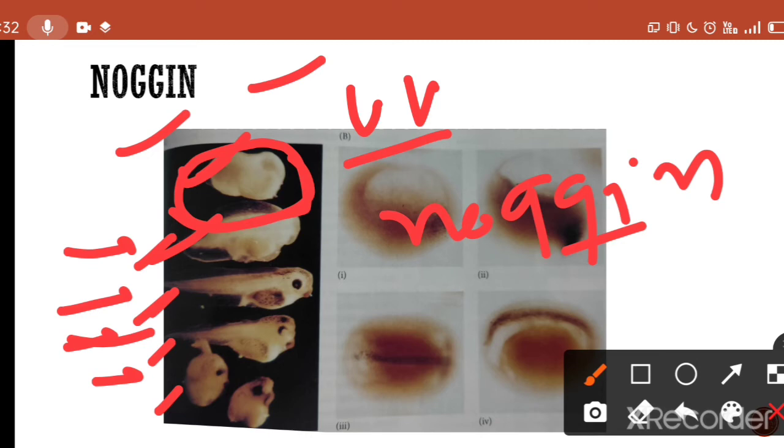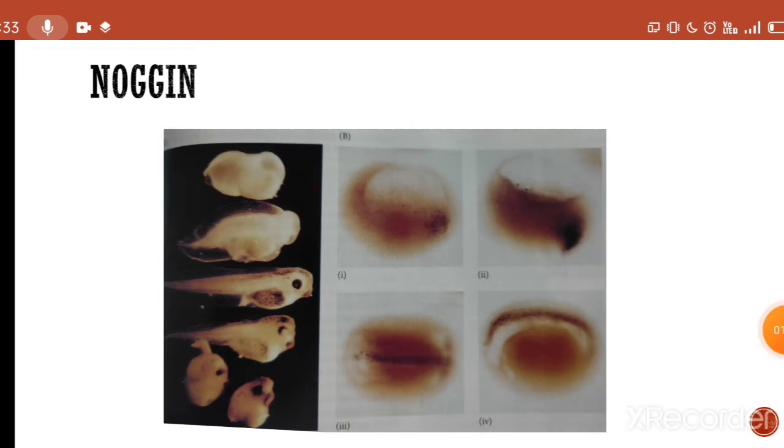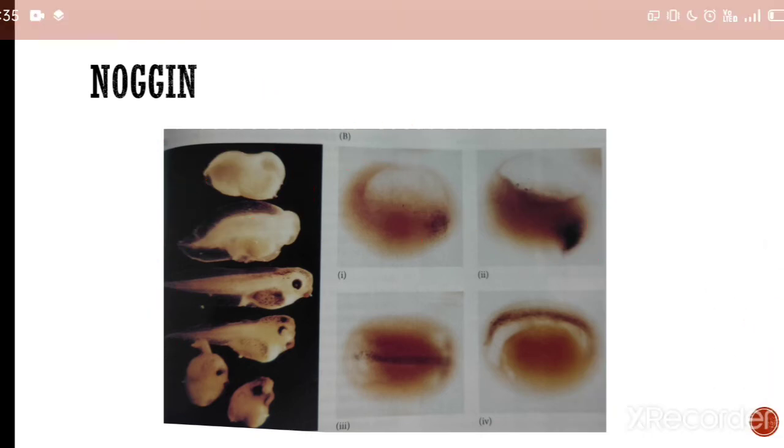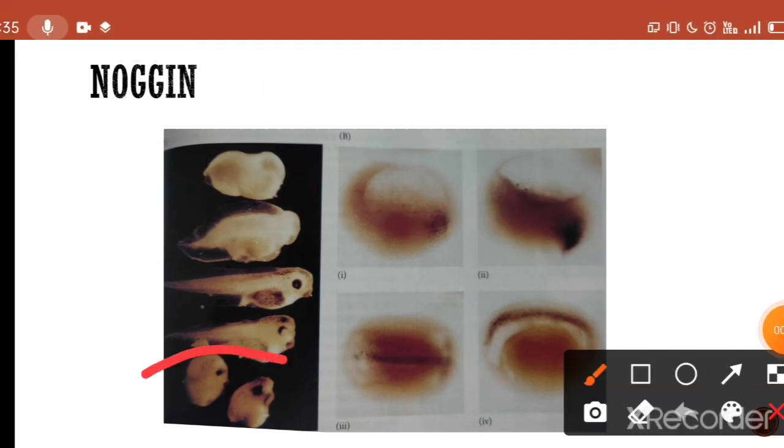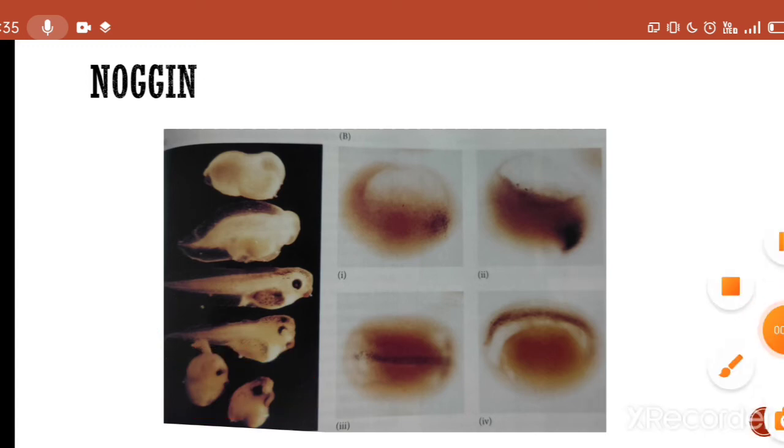If too much noggin is injected, the embryo produces dorsal anterior tissue at the expense of ventral posterior tissue, becoming a little more like heads, as we can see in these pictures. So we can say that a stable concentration of noggin dorsalizes the amphibian embryo.